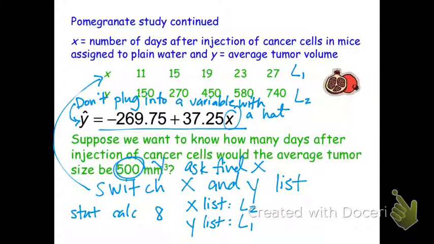And then hit enter. Your new equation will now be an x hat equation. So x hat equals a plus by, where now you're plugging 500 in for the y and getting a predicted x value.